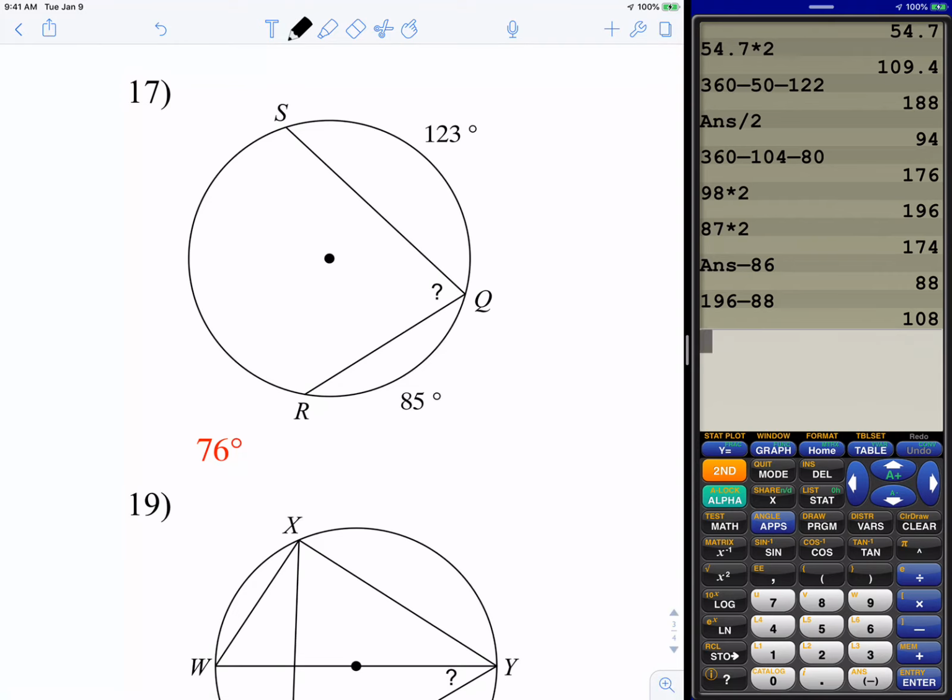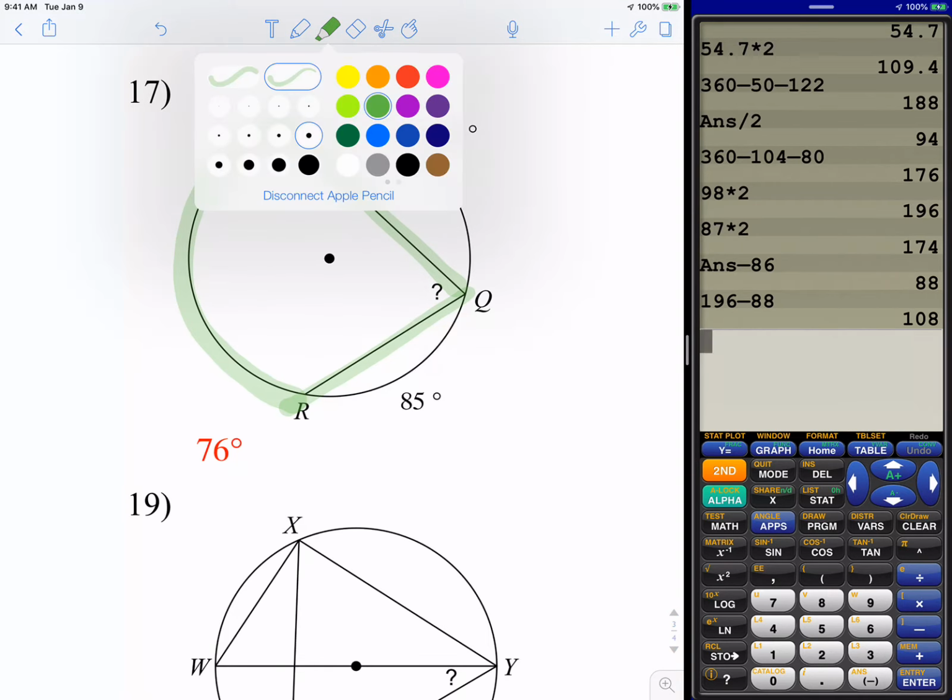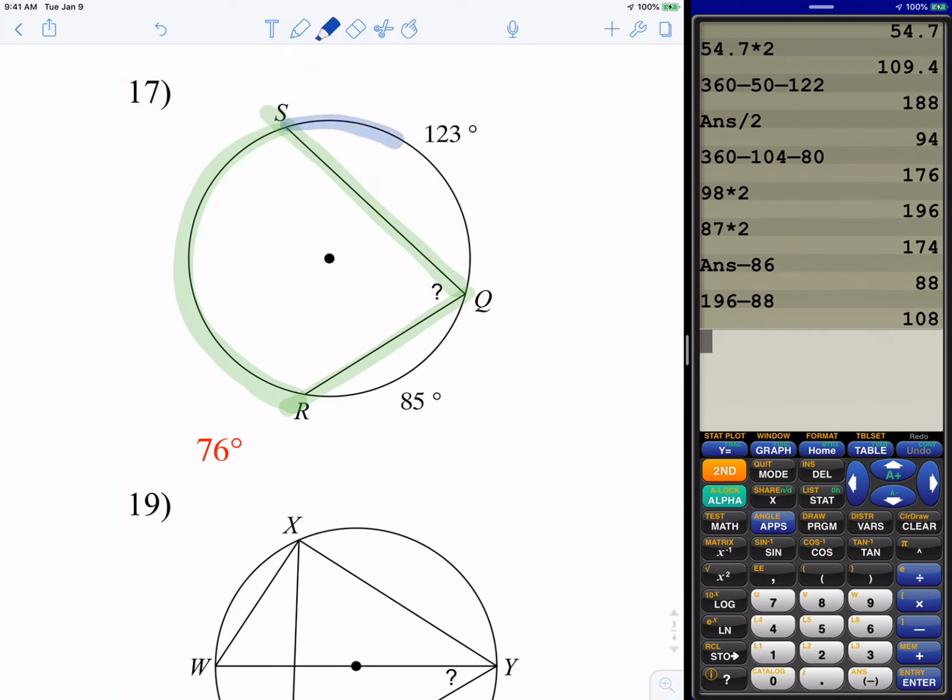Number 70. We want to find the measure of angle SQR. So if we can find its intercepted arc, we can get that measure. Well, what we do know is the measure of the rest of the arcs around the circle.